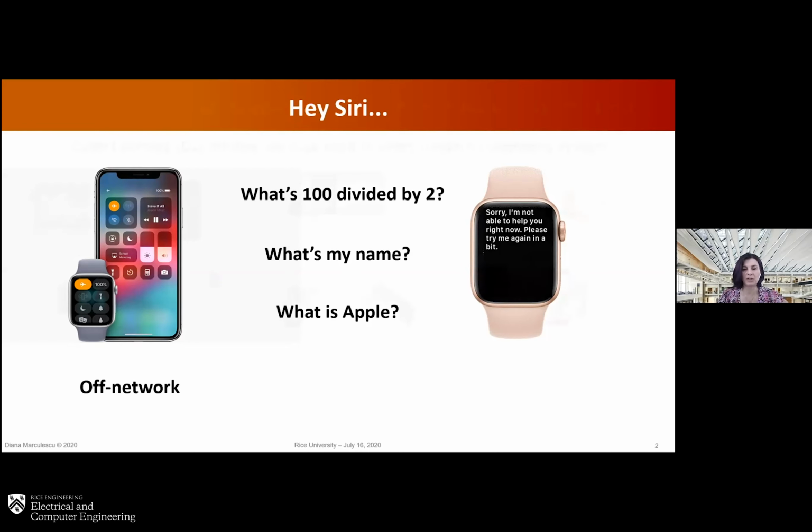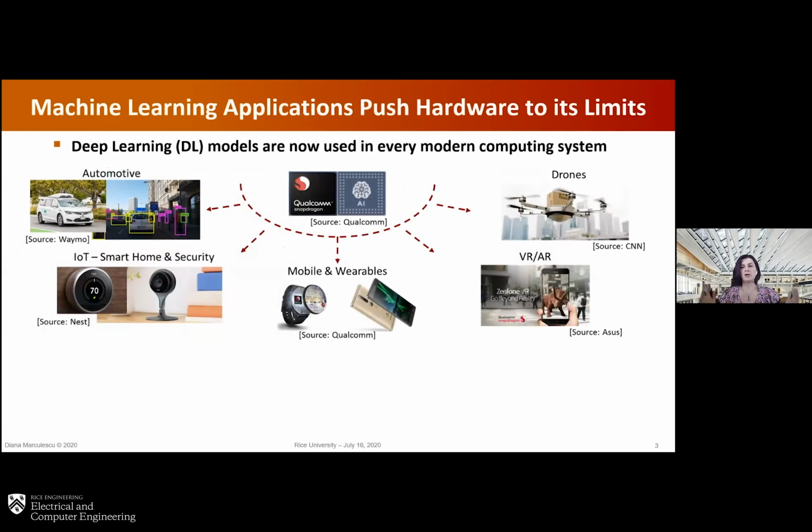If you look at where we are in terms of machine learning applications, there's a wide spectrum, and here I have very few of the many examples that we see. They all push hardware to its limits. Think about deep learning models and the way they're used in most applications: in automotive, for example, in autonomous driving and object detection, or in smart home and security.